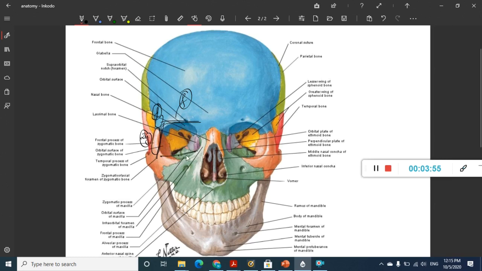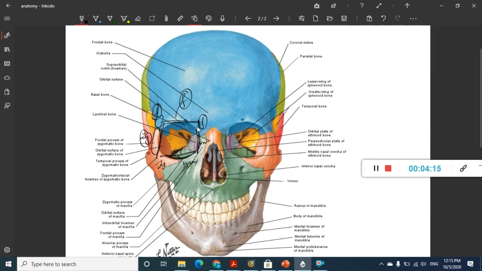Below this, the inferior margin is bounded by the zygomatic bone laterally, and the maxilla is seen medially. The medial part of the orbit is bounded above by the frontal bone and below by the maxilla.